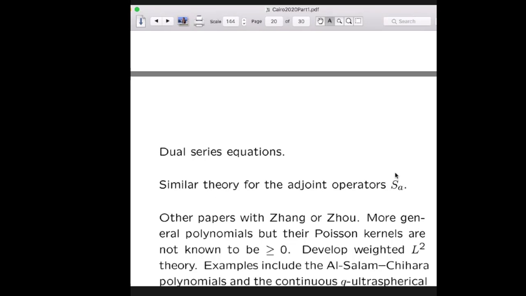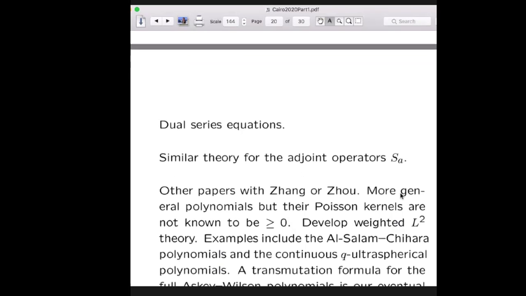Now this family has an adjoint family. Just like for fractional integrals, you had the Riemann-Liouville and the Weyl. They are adjoints. So this T family that I introduced, there's an adjoint family, and again, for the adjoint family, we studied its spectrum, we studied the whole thing.